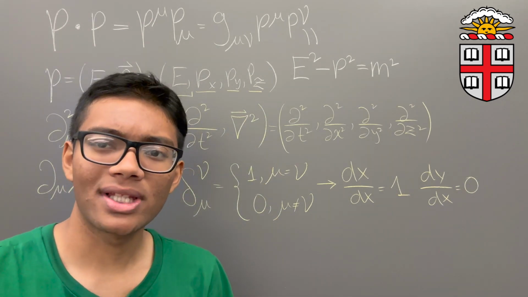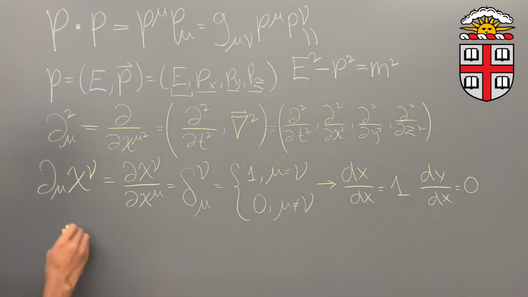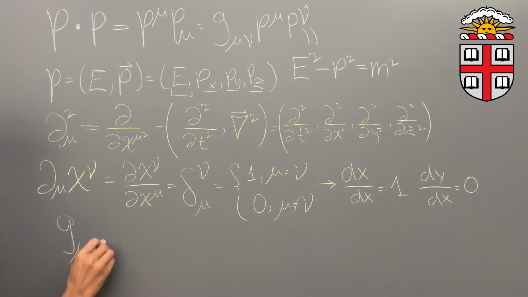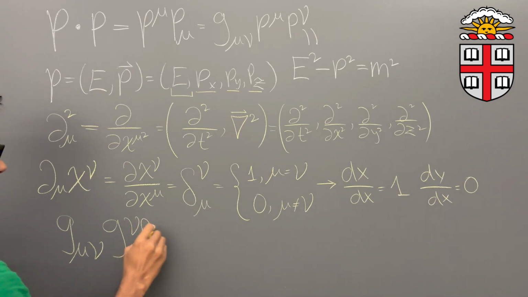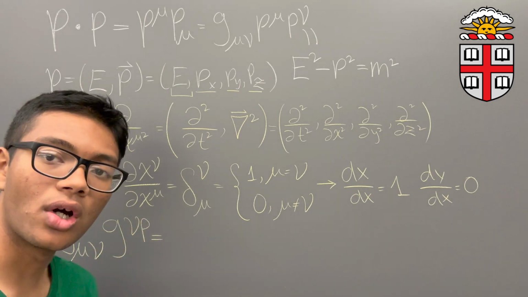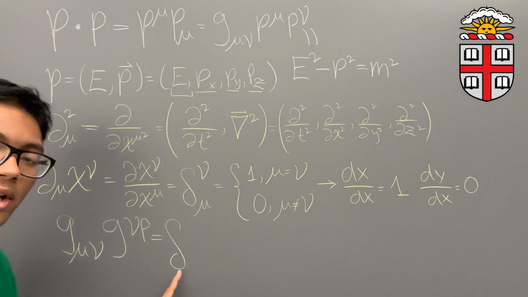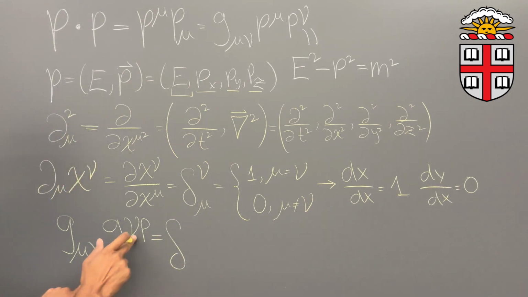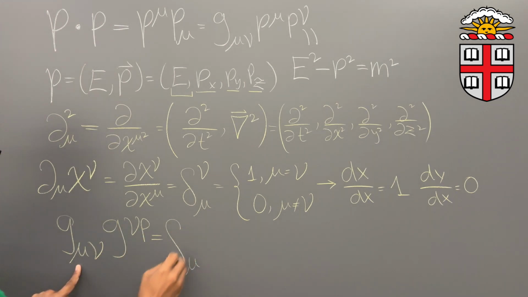In that case, mu is not equal to nu. Now, let me quickly point out the space-time metric, g mu nu. If you multiply it with another metric with, for example, different indices, nu rho, then this will result in a new Kronecker delta. The nu and nu will cancel each other out. They're being summed over. So you'll have a Kronecker delta with components rho and mu.